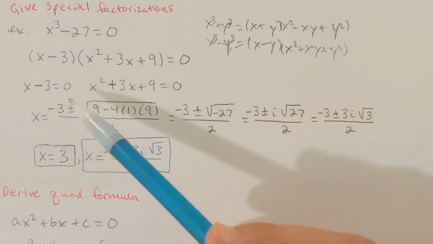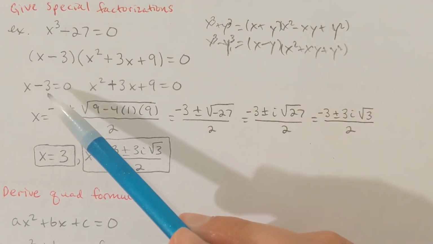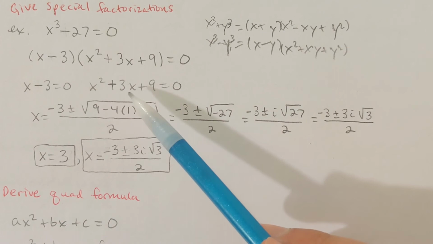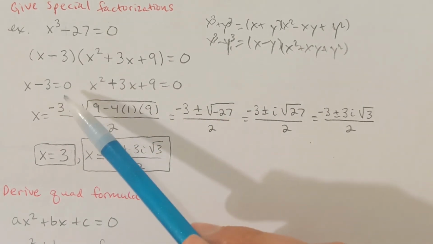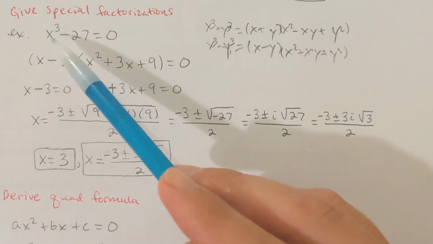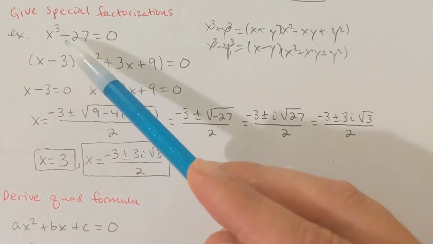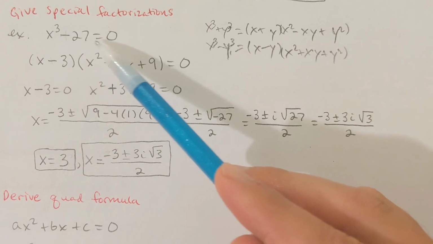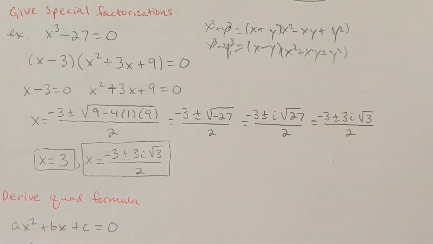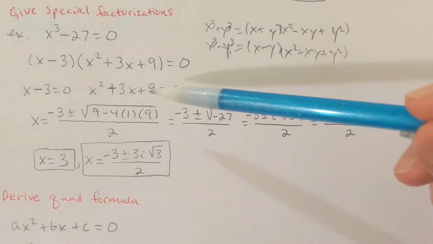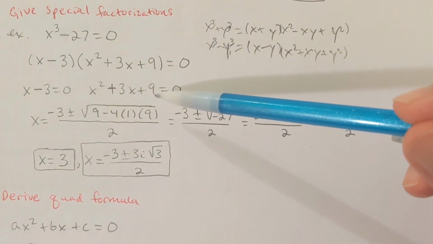So the next thing that I do is x minus 3 equals 0 and x squared plus 3x plus 9 equals 0. X equals 3, that's going to be one answer, and that's something I can probably see right away. 27 minus 27 gives me 0. But there are going to be two other solutions to this, and the two other solutions are going to be found by solving this quadratic.